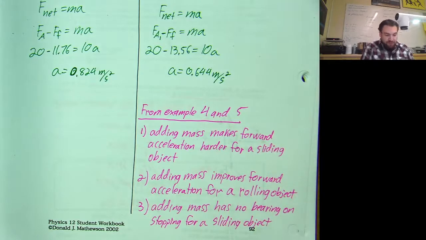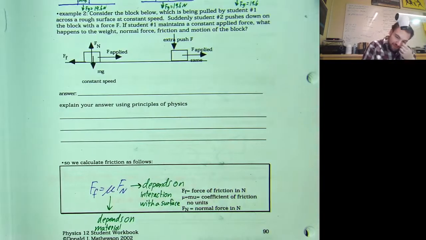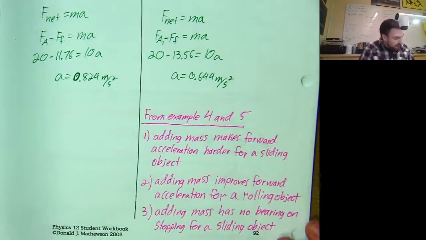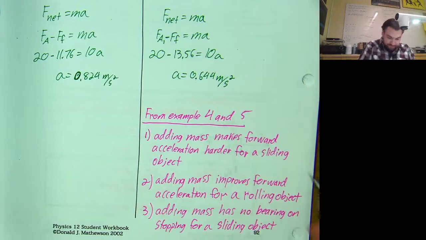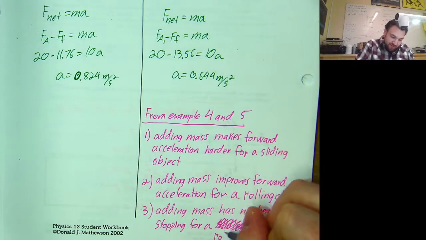Okay. Number 3, we saw that in example 4, that the acceleration for a, I'll say this, no, that's wrong. For a rolling object.